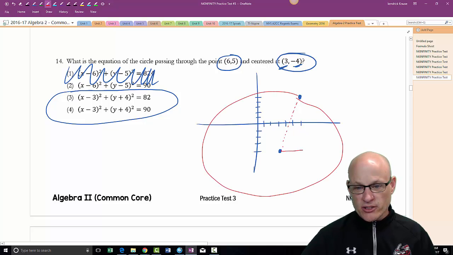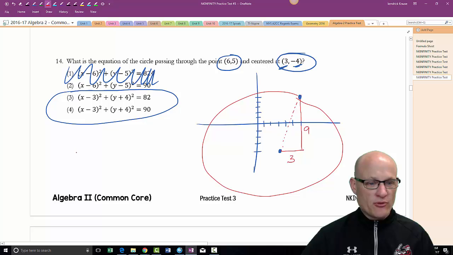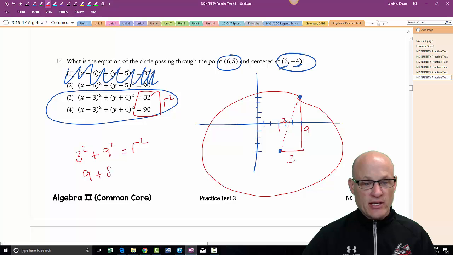So we'll do a little bit of Pythagorean theorem. This distance here is 3, and this distance here is 9. So 3 squared plus 9 squared equals radius squared. Well, lo and behold, that's what I want over here, radius squared. So 3 squared is 9. 9 plus 81 is, in fact, 90. I'm looking for 90. So this is, in fact, the right answer.